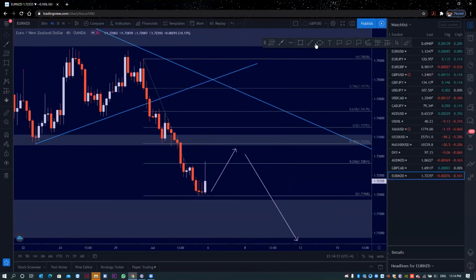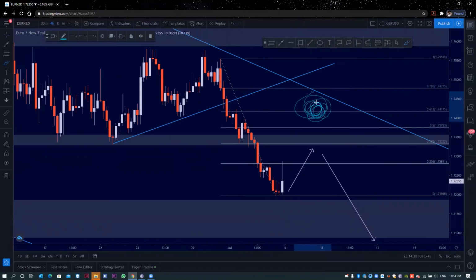If they give me a rejection here in this area, then I will open my sell. But the thing is, they need to give me a rejection like that. The same candle, bearish or bullish, whatever, I need it to hit. If they give me that here, then I will open the sell trade.